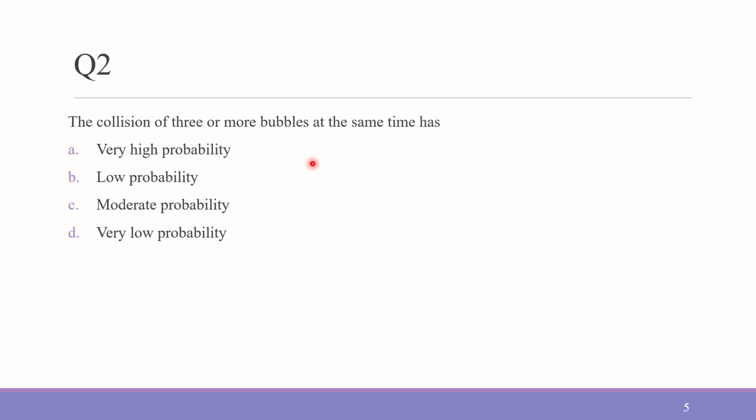The chances are very low, because in most cases, if you consider, it is the collision between two bubbles at max. The rest of the things happening have a very low probability. Therefore, the collision of three or more bubbles at the same time, we are talking about the condition at the same time.